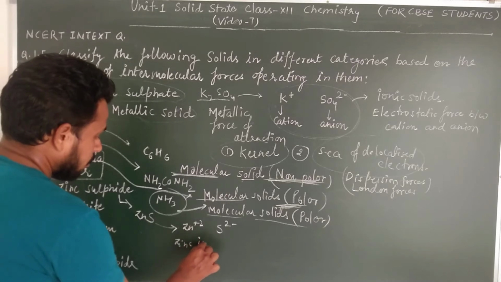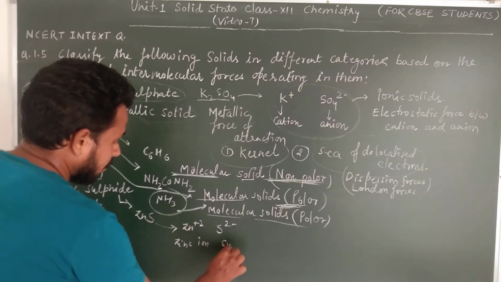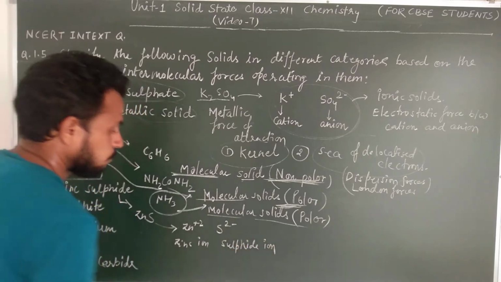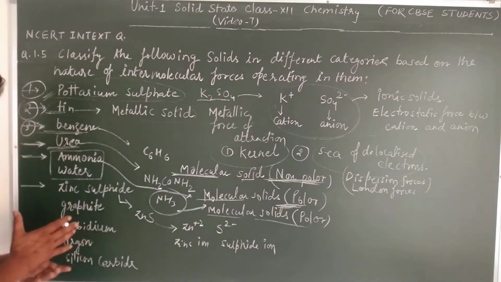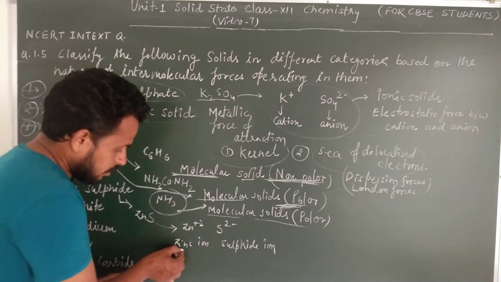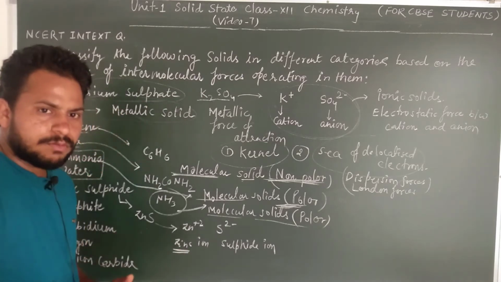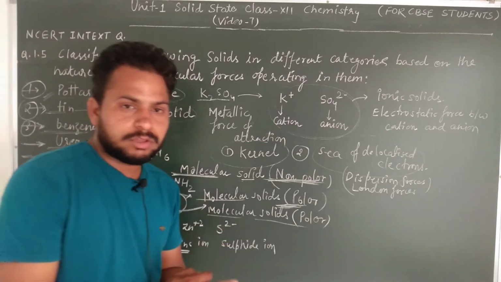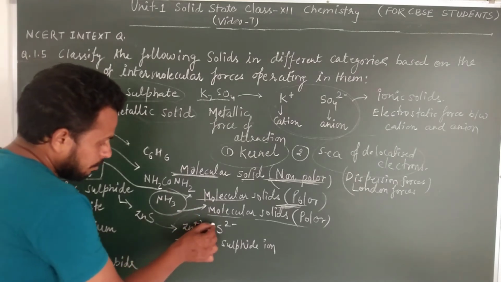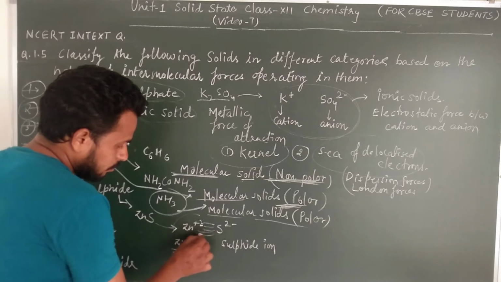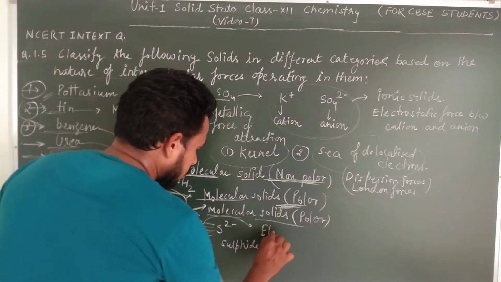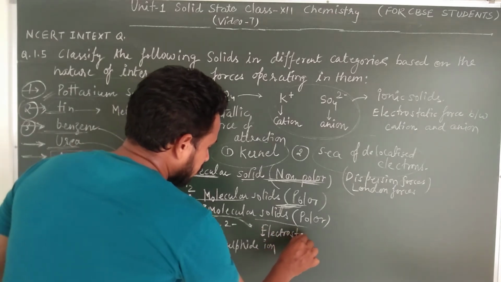Zinc ion, and this is sulfide ion. So in zinc sulfide there are two components and they both are ions. So the force of attraction between these two ions is electrostatic force.